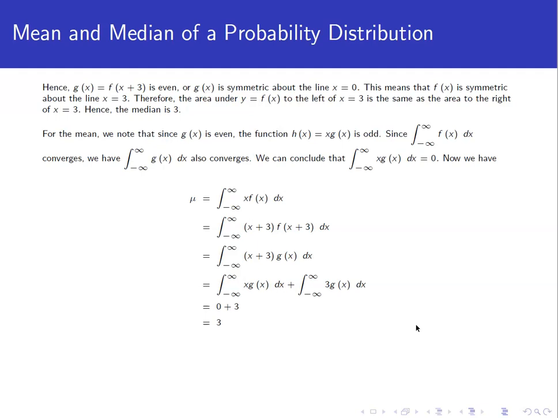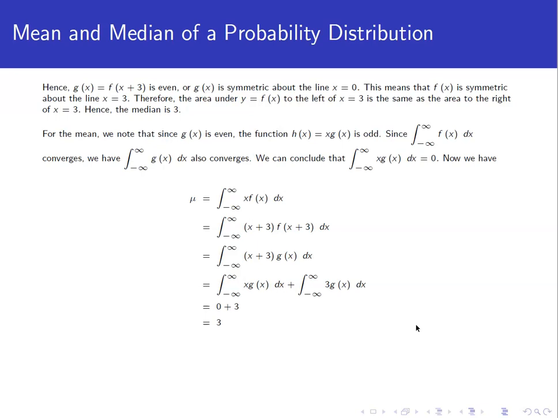All right, so for the mean, the easier way to notice is just notice that that function g of x that we created, that's an even function. So if I multiply it by x, I get an odd function. We also, way back on the first slide, showed that that doubly improper integral converged.